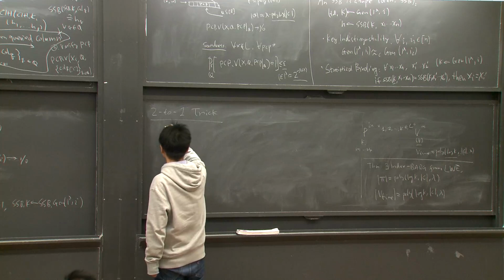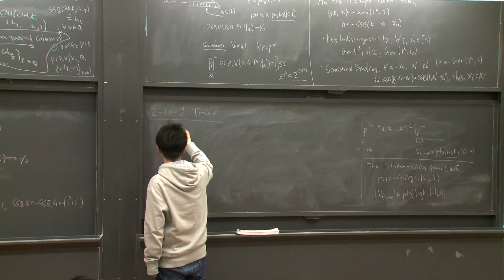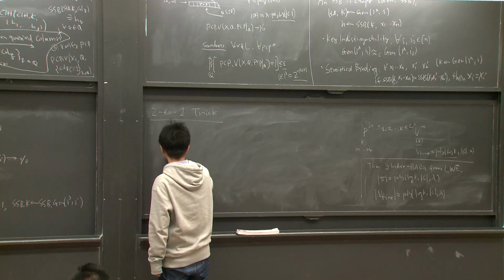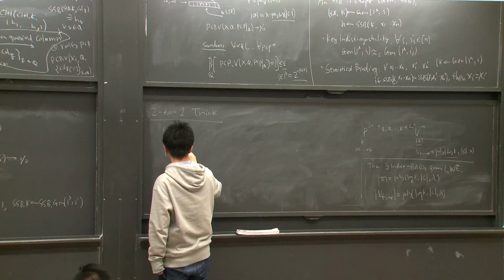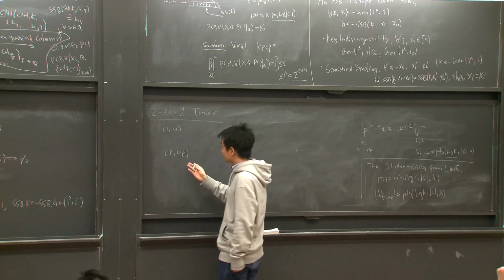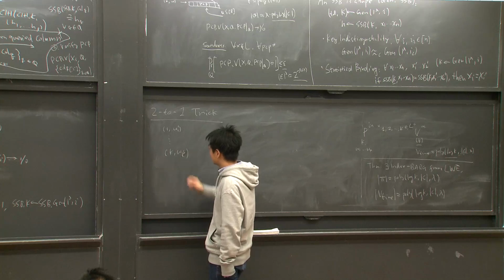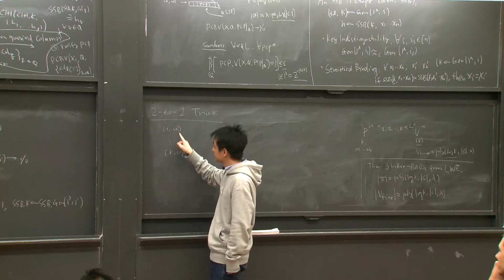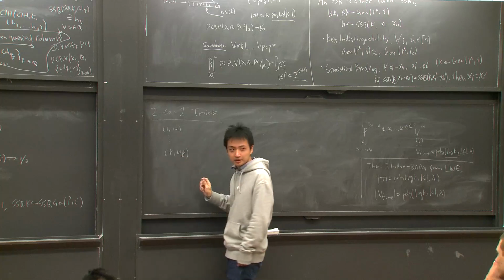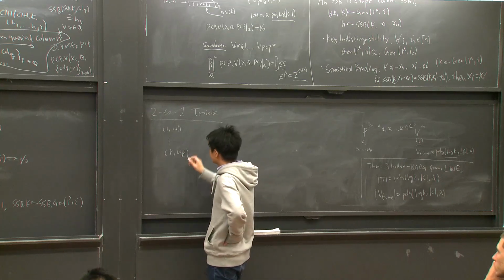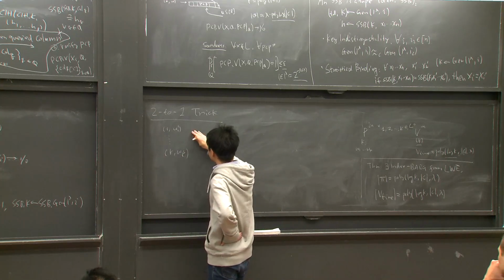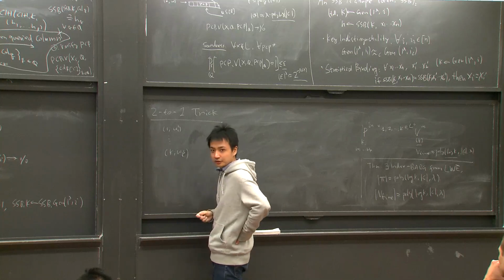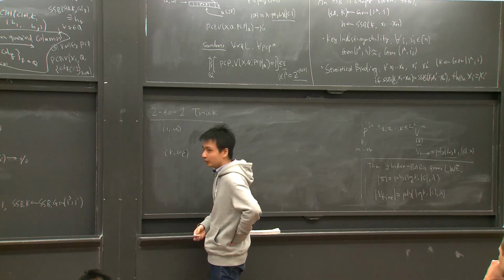Suppose you have k instances, from 1 to k, and their witnesses are W1 prime to Wk prime. The prover wants to prove to the verifier that all of them are correct, that is, in this language L prime.